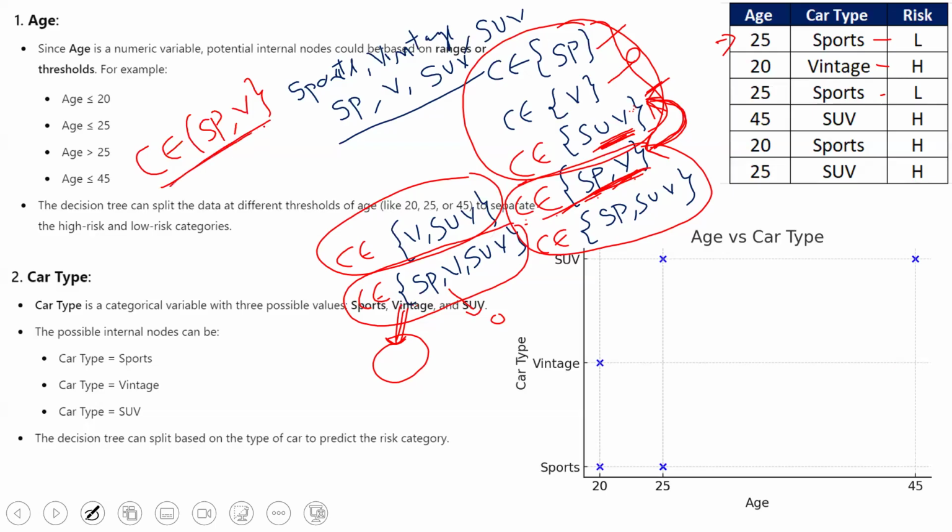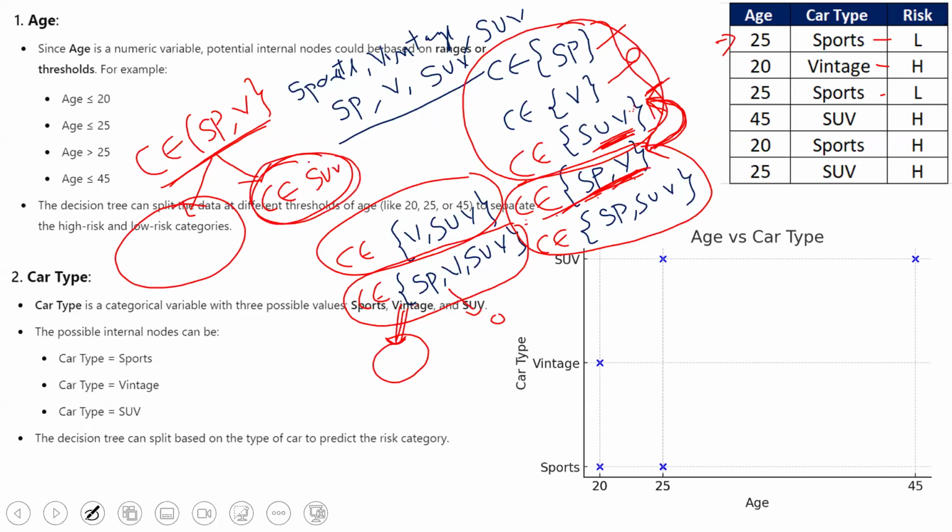If you give this as a condition, it's going to split the data into two parts: one is all of them coming towards C belongs to SUV, and all the other points coming on the other side. So what is this doing? This is splitting all the car types other than SUV on one side and all the car types belonging to SUV on the other side, right?